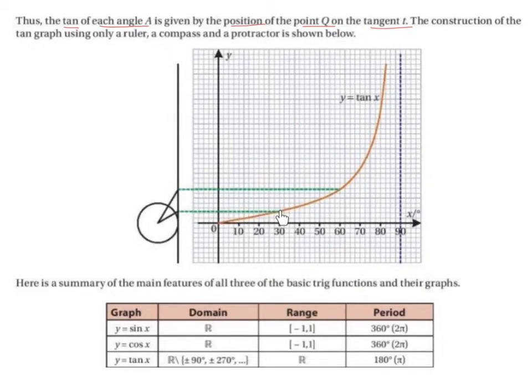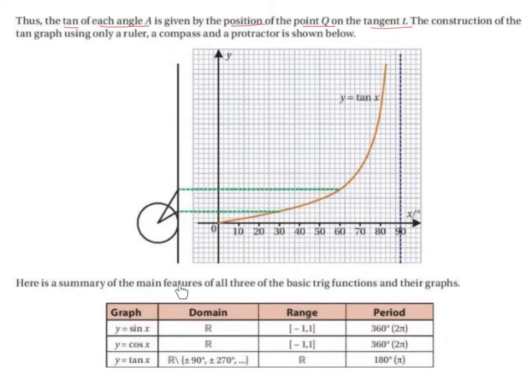For example, here we would draw a line across to 30 degrees because this would be a 30-degree angle. Then we would have an angle of 60 degrees. We draw a line up until we touch the tangent, draw a line across until we get to 60 degrees and plot a point. And we would continue to do that until we had formed the graph of y equals tan of x.